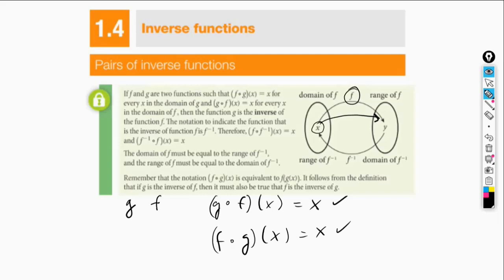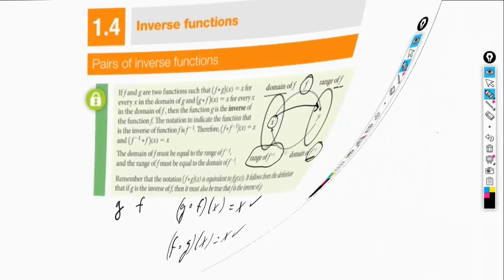For the inverse, it would be the opposite of that. The domain of the inverse would be the range of the original function f. So the range of f becomes the domain of the inverse, and then the domain of f will become the range of the inverse.